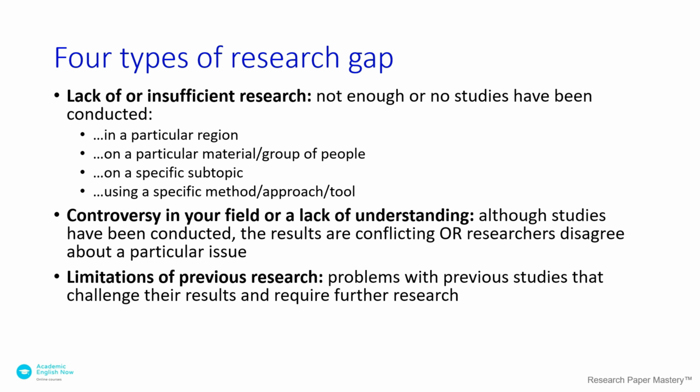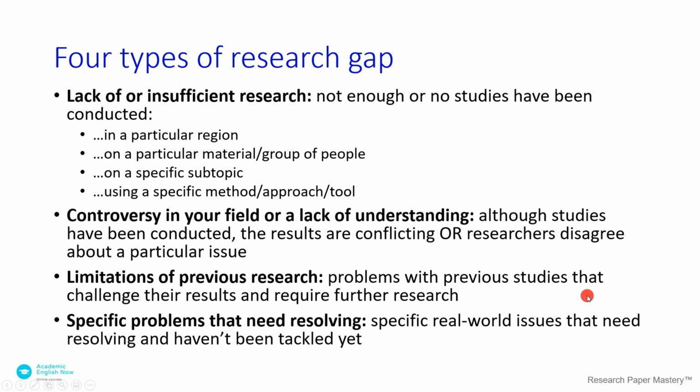The third one is limitations of previous studies, right? So all research has problems, limitations, and if you can identify them and then link your aim to those problems, well, then you've got a really good story there. And the last way to present the research gap is to specify a problem that needs resolving, right?